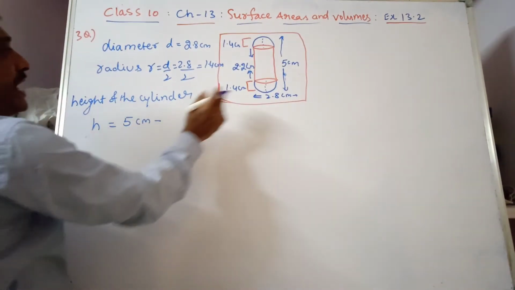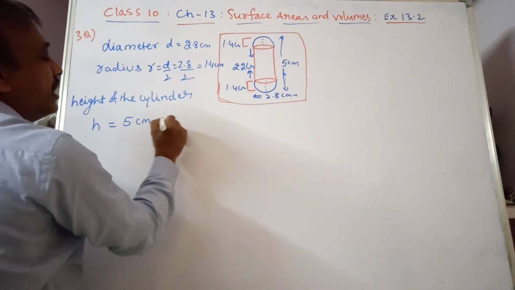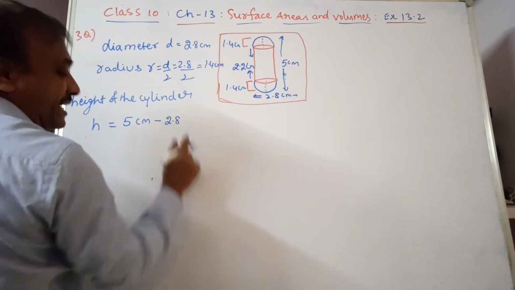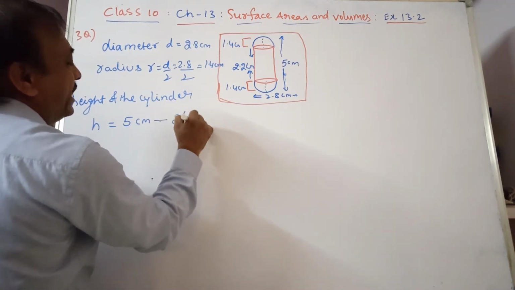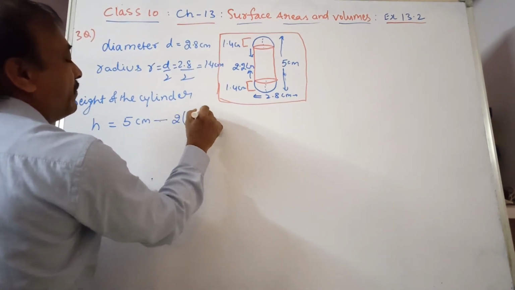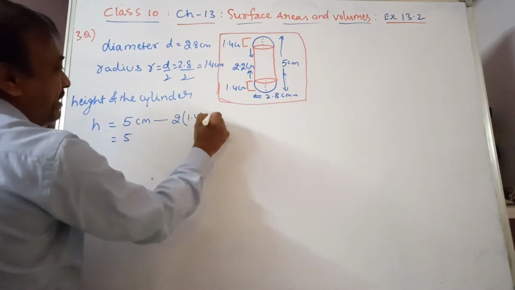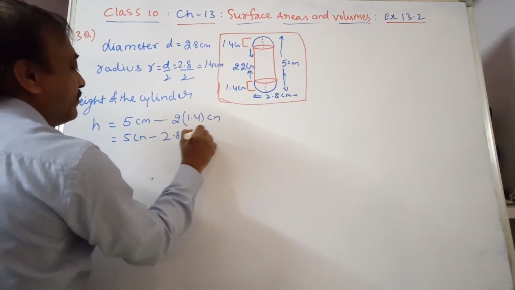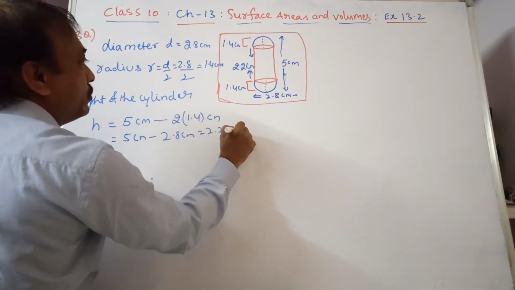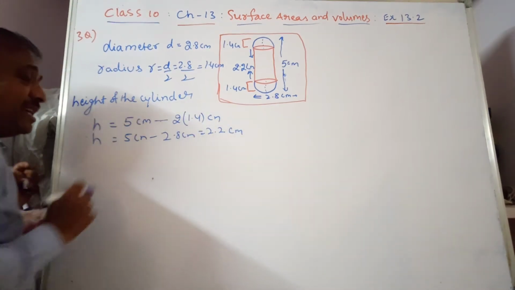So we are subtracting 1.4 plus 1.4, which is 2.8 centimeters, that is 2 times 1.4. 5 centimeters minus 2.8 centimeters is equal to 2.2 centimeters. This is the height of the cylinder.